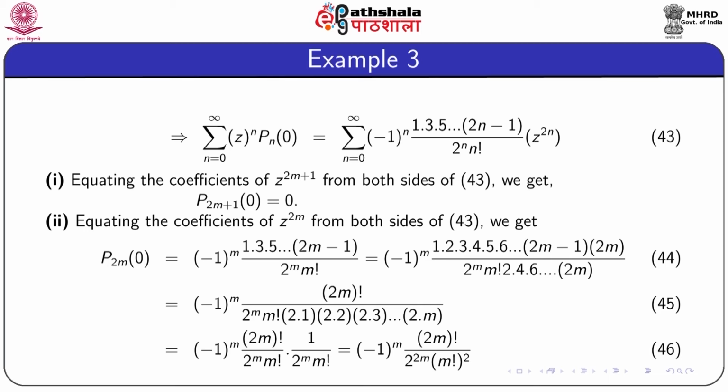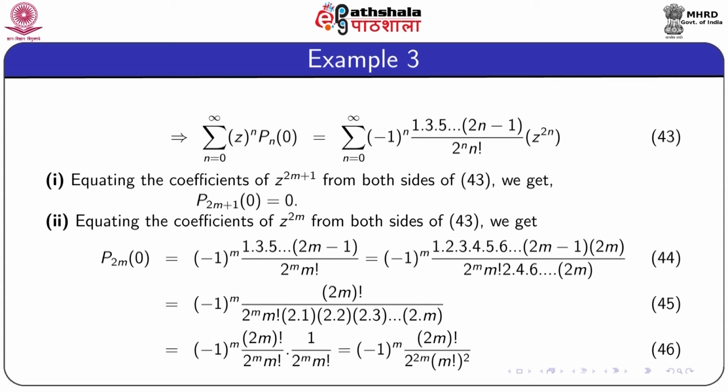If we simplify the expression, we will be getting equation number 45, which is the summation z^n P_n(0) equal to the summation n = 0 to infinity (-1)^n 1.3.5...(2n-1) / (2^n n!) z^(2n).